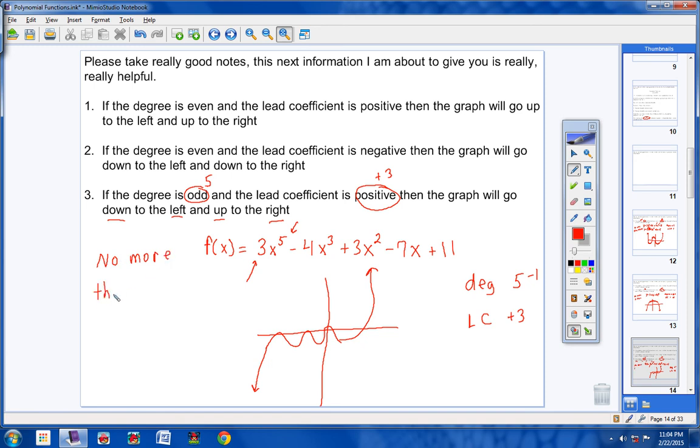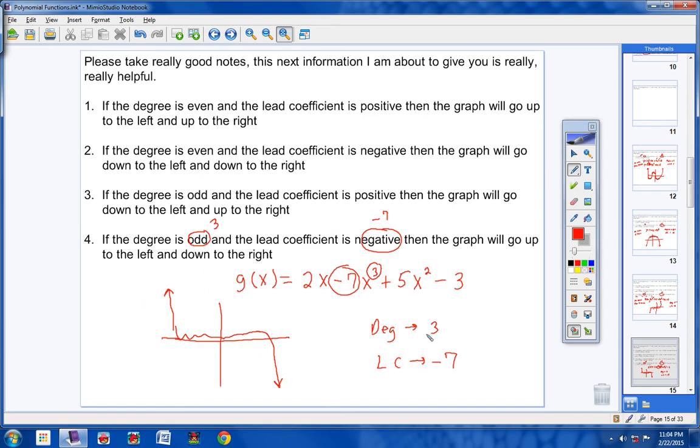Now, does that mean it has to take 4 turns? No, not a bit, okay? But it will take no more than 4 turns. Alright? Okay, hopefully you're done with number 4 already. The degree is 3, so 3 minus 1 is 2.